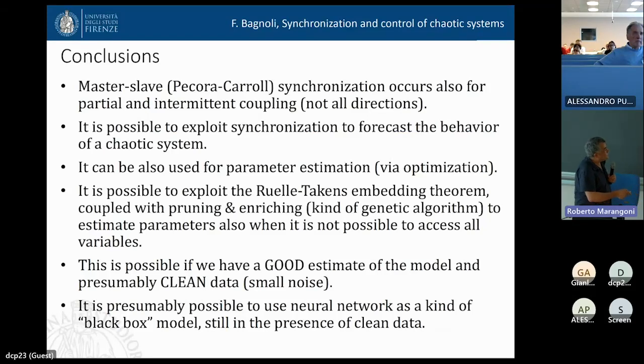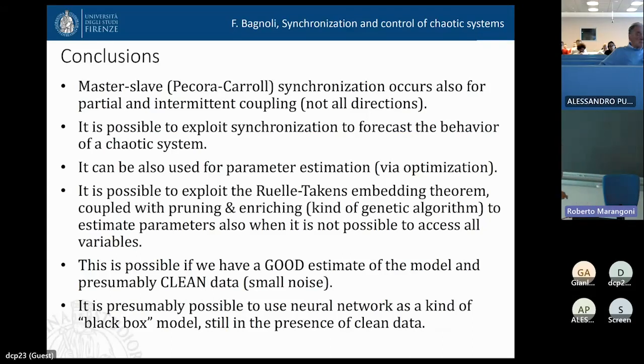And then we actually can use this with a kind of genetic algorithm, or pruning and enriching as you want, in order to be able to extract variables and parameters from data coming from a real system. Clearly, all of this depends on how precise your measurements are, because if you add noise, everything goes down.